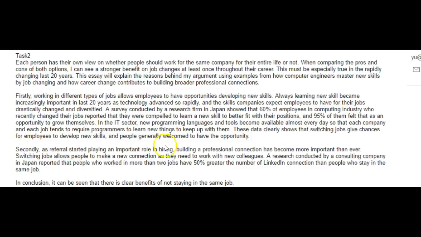So referrals playing an important role in hiring, talking about networking becoming more important than ever. Building professional connections is referred to as networking. So you can just say, networking has become more important than ever. Isn't that nice? So sometimes, by using a precise word, you can eliminate several other words, because it's always good to use as few words as possible.